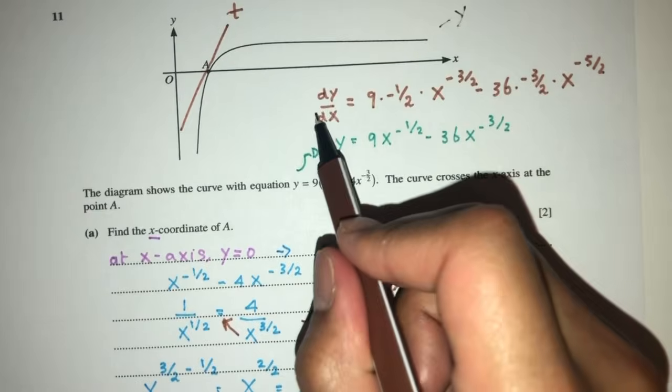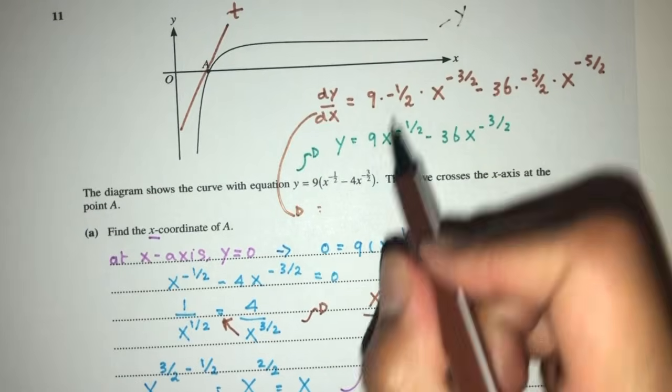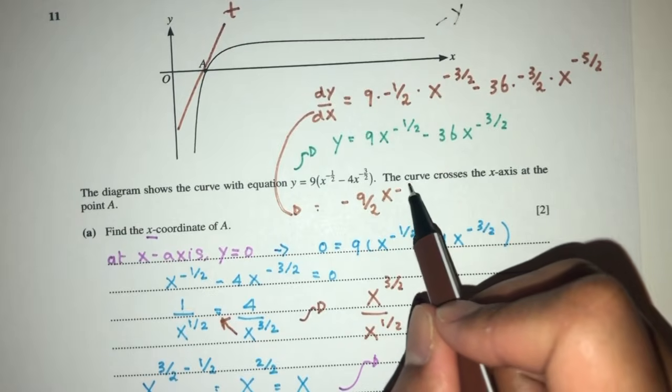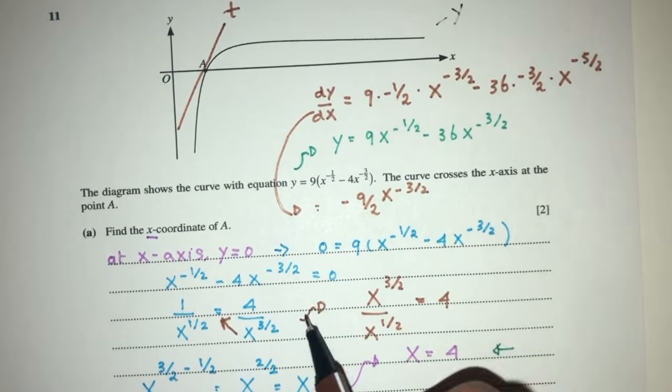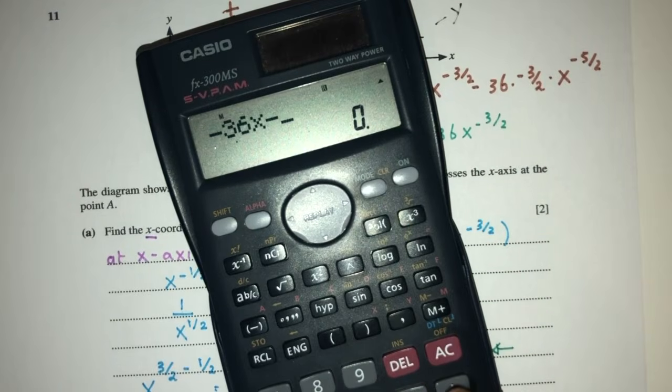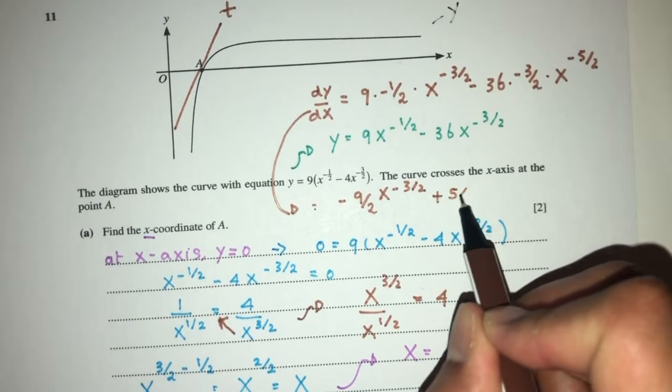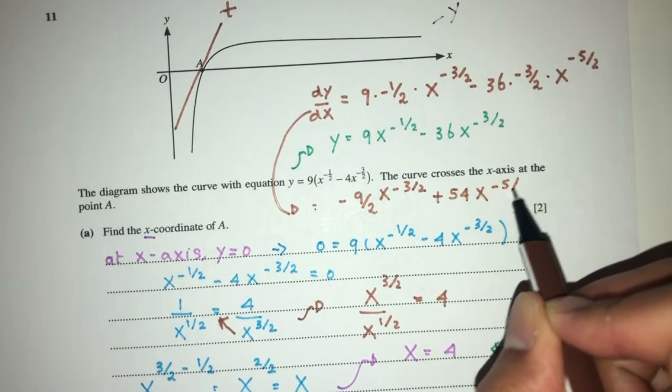So all this will simplify to what? Let's see. That will be minus 9 over 2 x^(-3/2), and this will become what? We have minus 36 times minus 3 over 2. That will be 54 x^(-5/2).